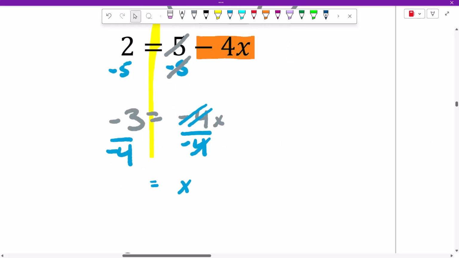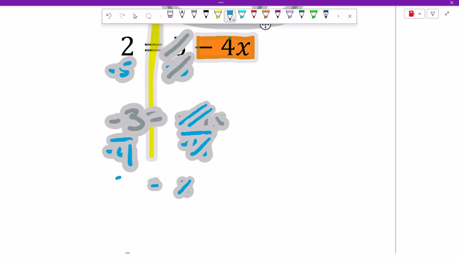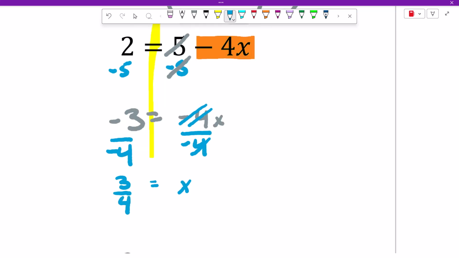And what do we have on the other side? 3/4. The two negative signs cancel each other out because two negatives make a positive. So we jumped off to a really hard question right off the bat, but the steps are still the same. And the key thing is just to pay attention to those signs. That's what makes it trickier.